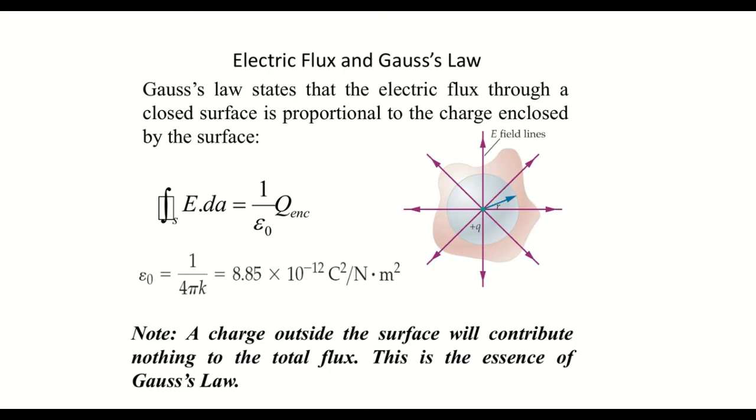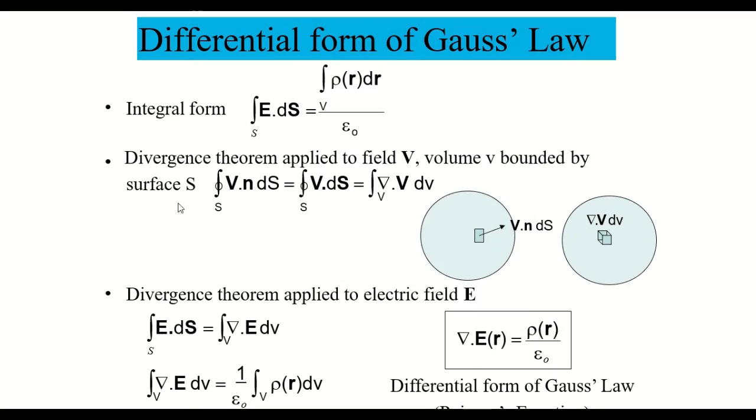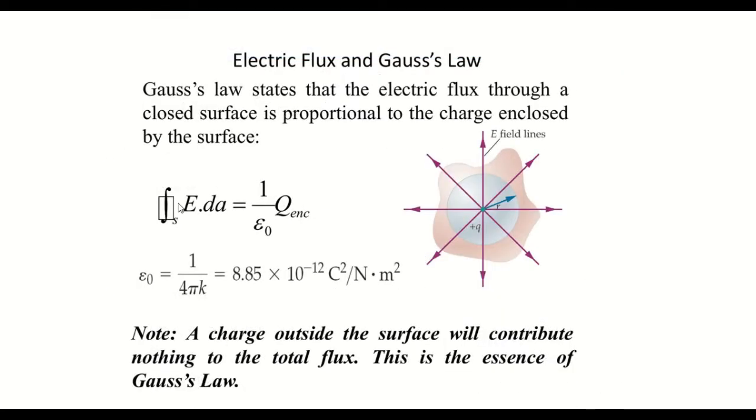Now our next slide is about Gauss's law. This is very important to know. First, look at the equation of Gauss's law: the integration of E dot dA equals 1 by epsilon naught Q enc. Enc stands for the enclosed surface.